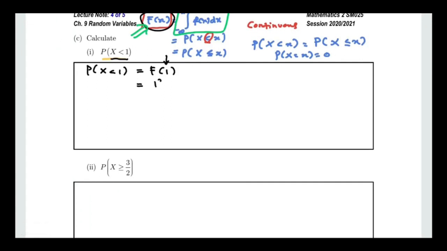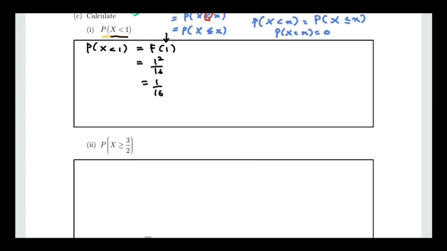So it should be 1 squared over 16, and the answer is 1 over 16. So we have settled part one.